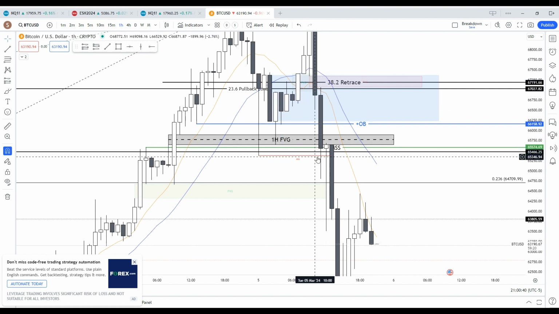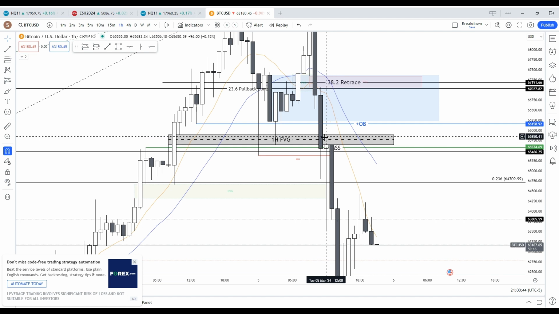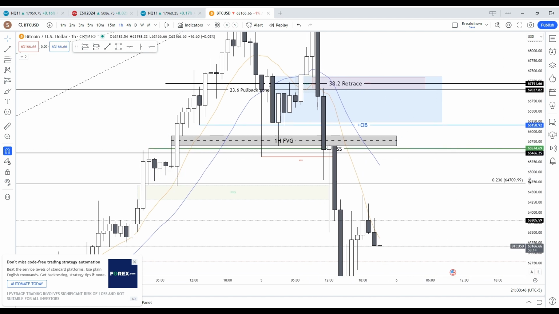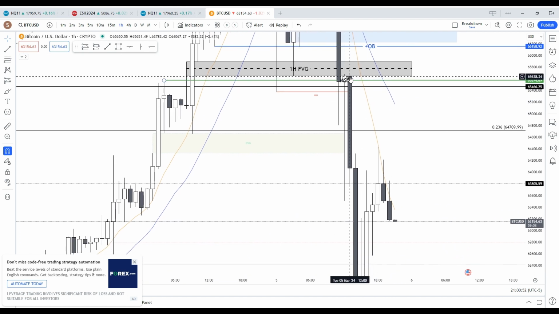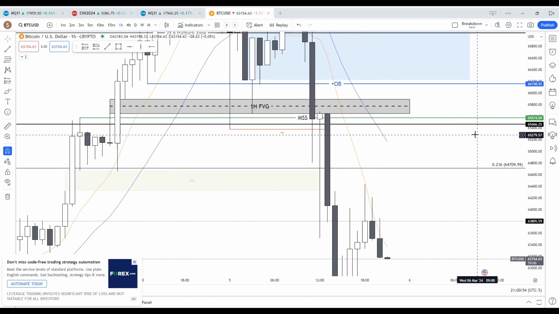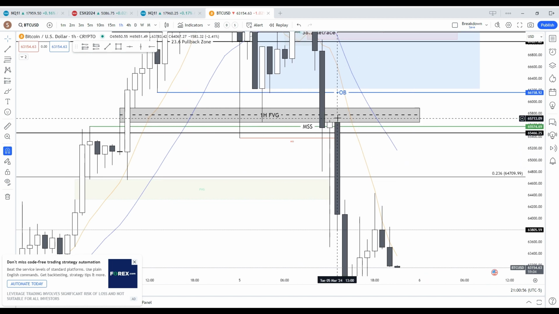As soon as it broke through, finally, came down and it wicked back up and it retested it. Do you see how the bodies were unable to get in there? They closed right below it. That would have been your low risk short. Enter here, stop above here.